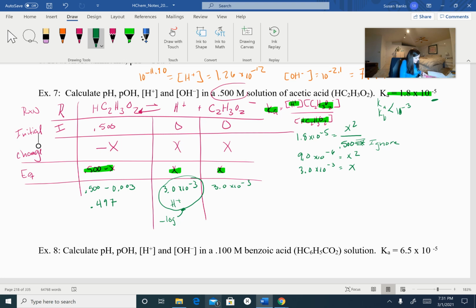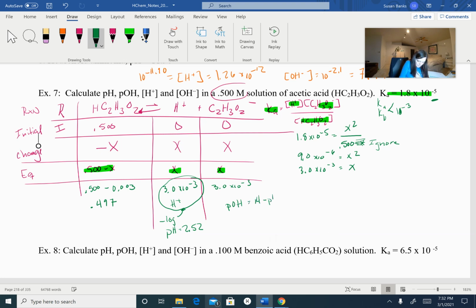So if I do negative log of that, 0.003, that gives me a pH. And I always like to go to the hundredths. So this would give me 2.52.